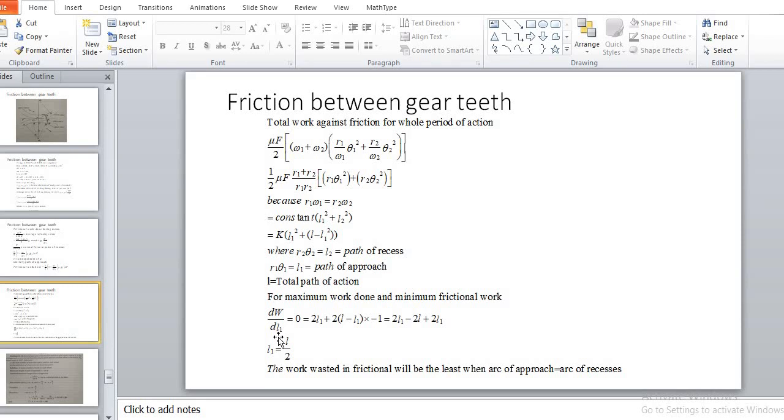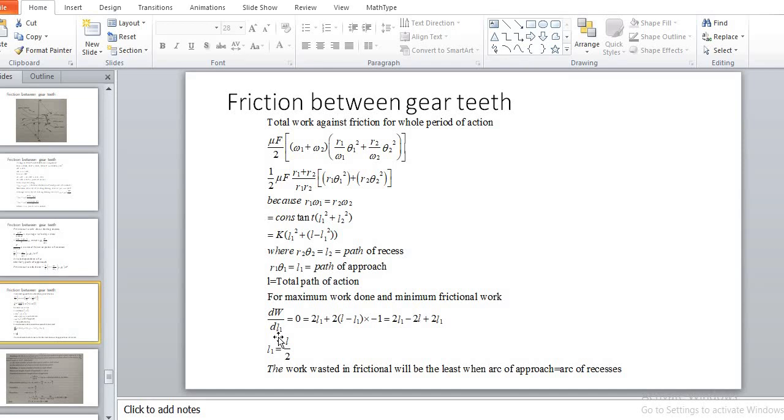Then we find the work done during the recess part and during the approach part, and add the two to get the total frictional work done.